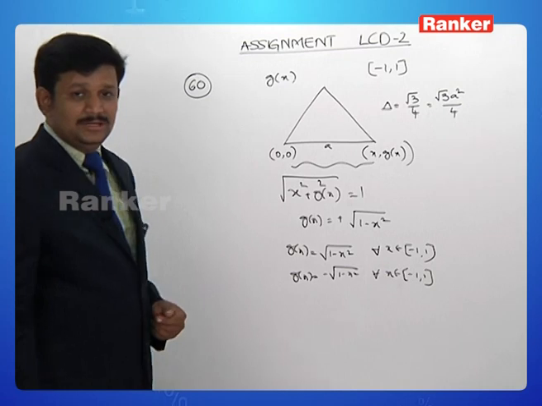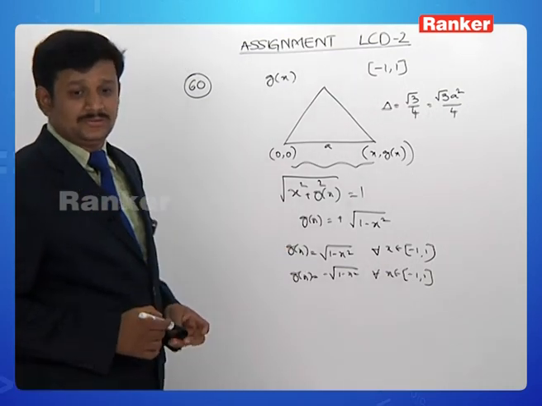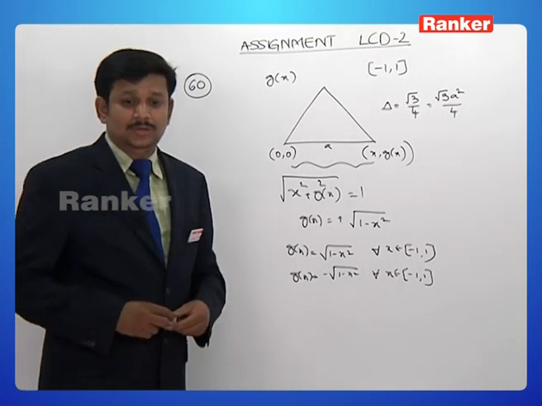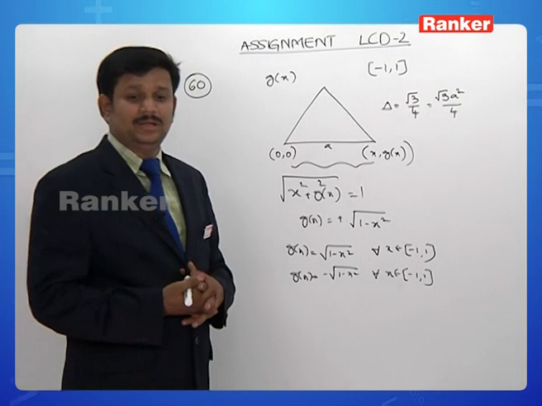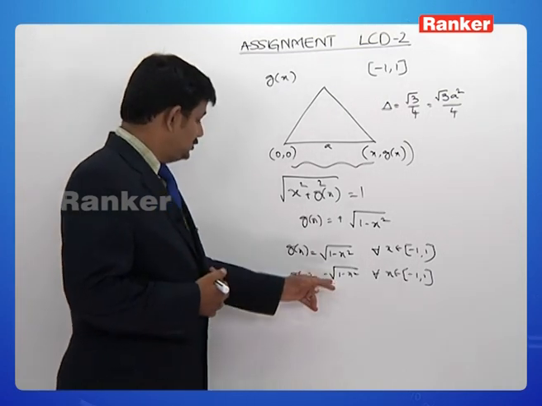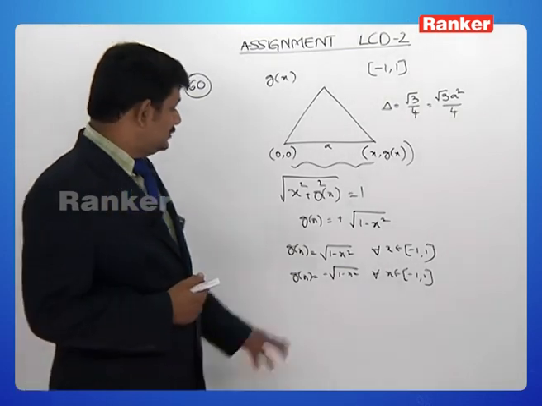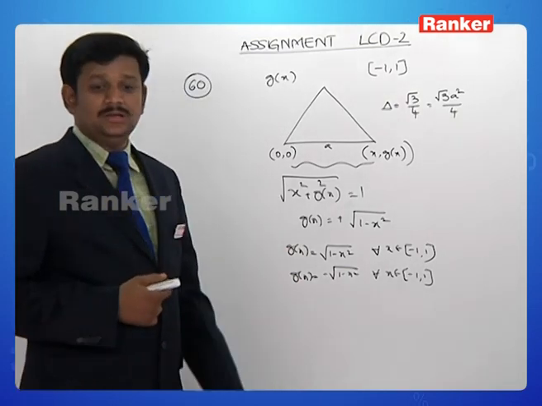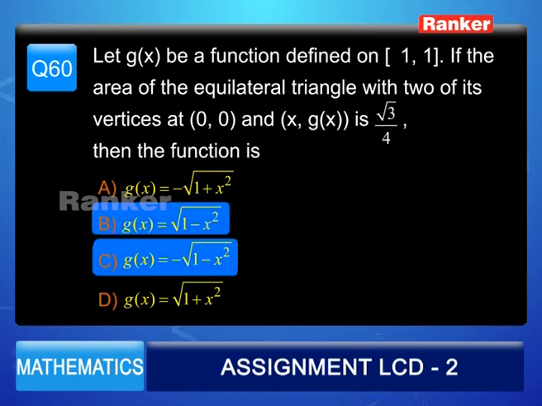If g of x can be discontinuous, we have infinitely many possibilities. So among the options, g of x equal to minus root over 1 minus x square, option C, is a possible option, and g of x equal to root over 1 minus x square, option B, is also a possible option. Answer B and C should be true.